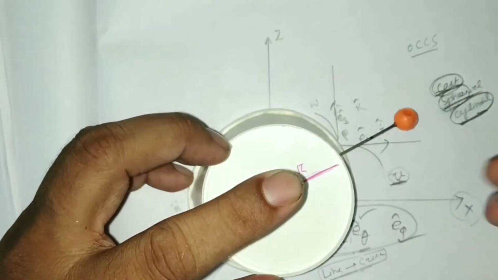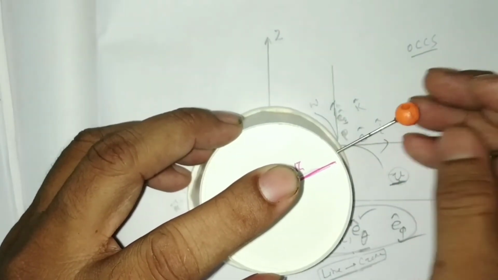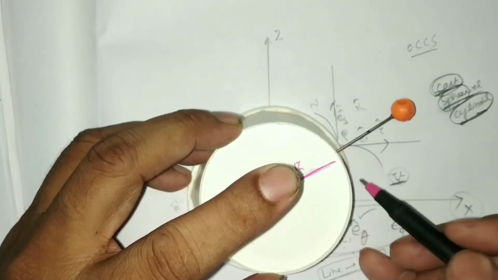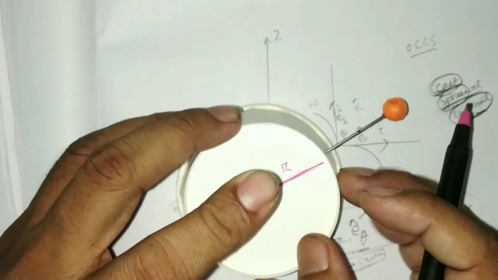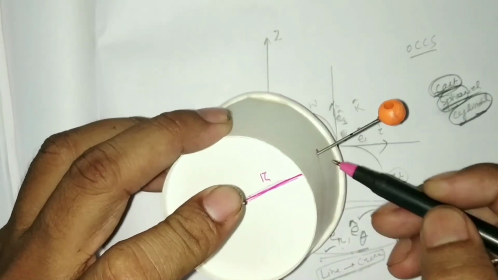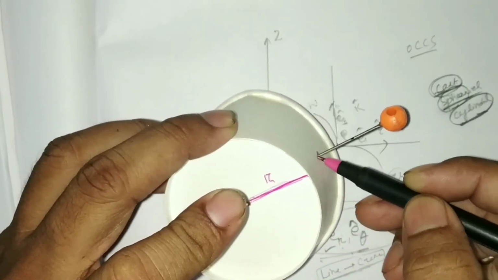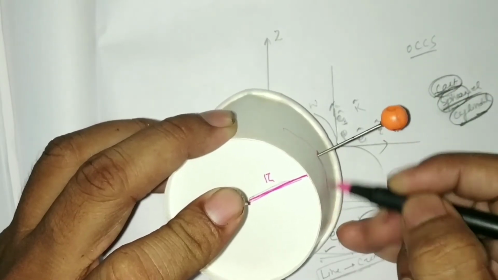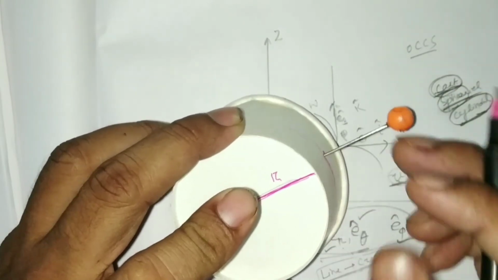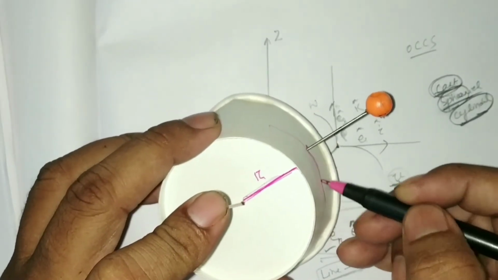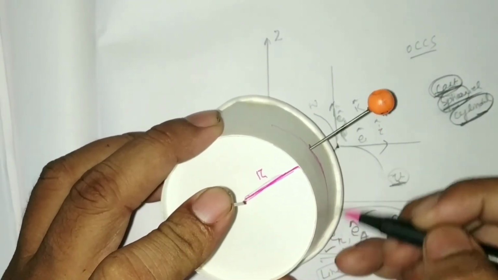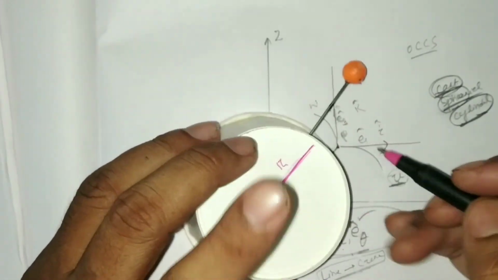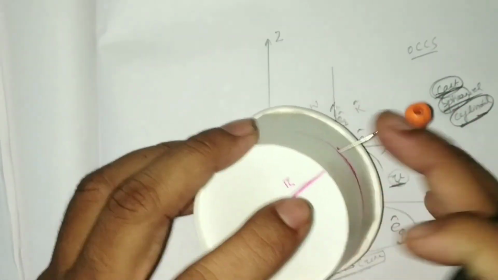Another one: if this point changes its position on the surface, that means this angle changes, right? Suppose this angle, this curve, is named as theta.